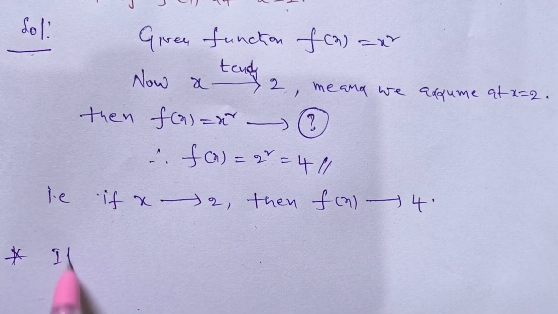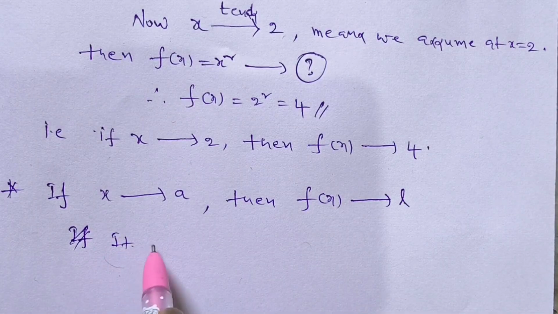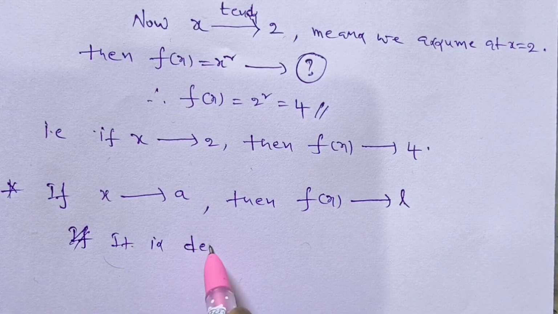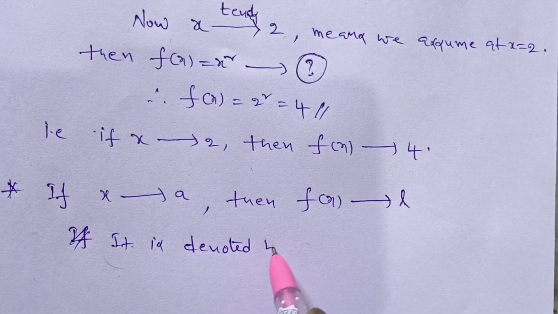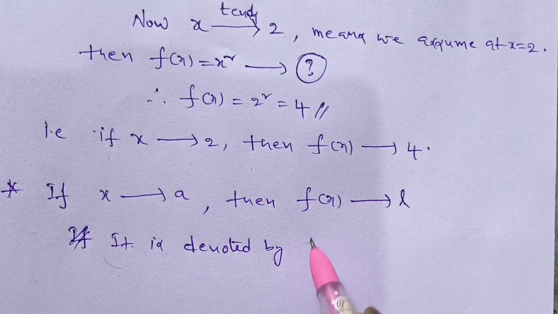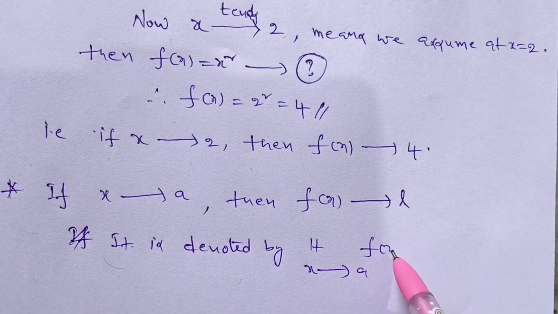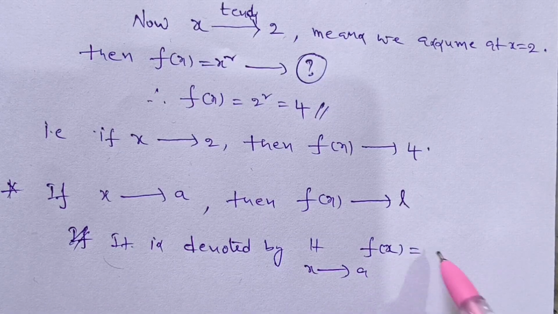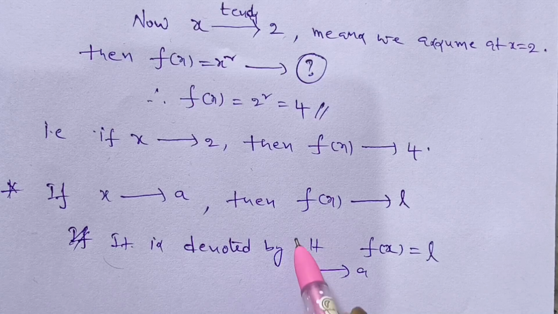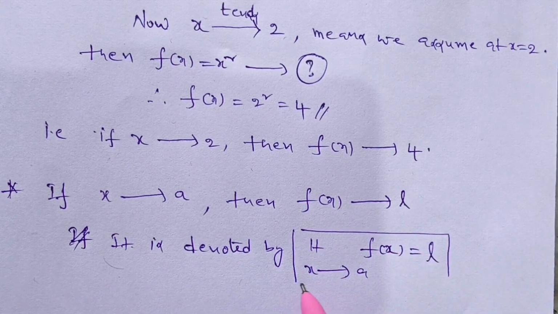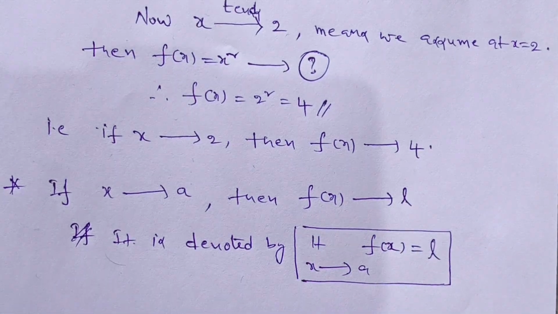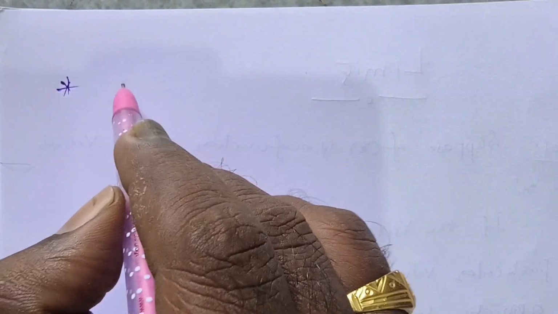What is the notation here? If x approaches a, then f of x approaches L is denoted by limit x tends to a, f of x tends to L. We read it as the limit of the function f of x as x tends to a is L.